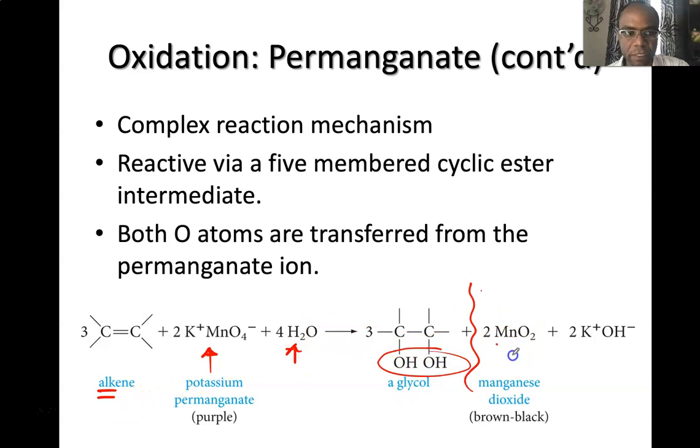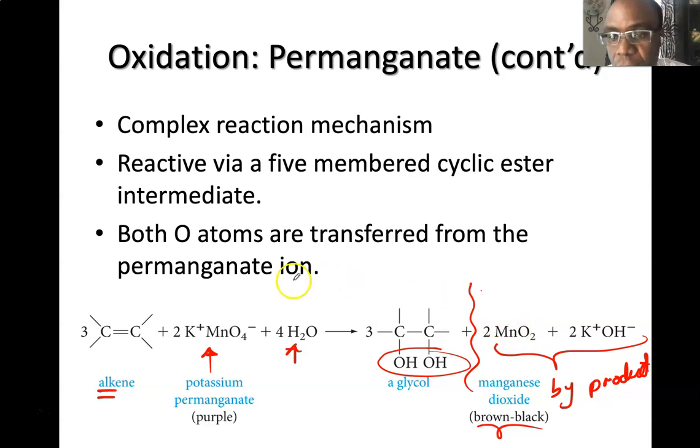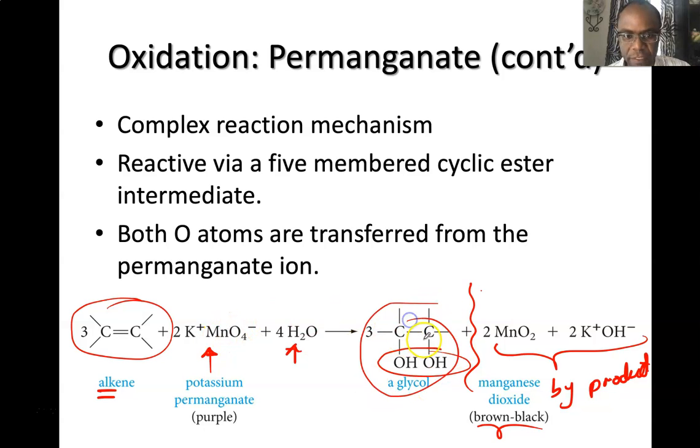These are byproducts which I don't ask for in the test. These are just byproducts, but they're important because your visual detection of the brown black color using your eye will tell you that yes, you have a double bond in there. So simply put, you start with the double bond, react with potassium permanganate, you should get a diol.